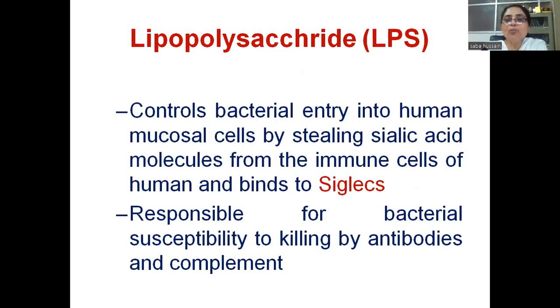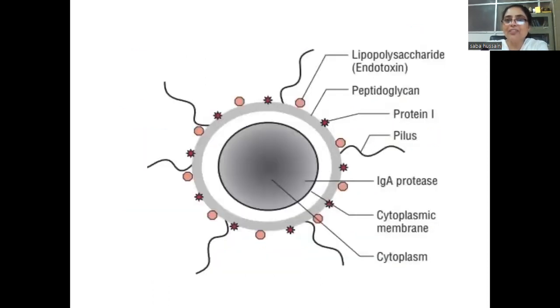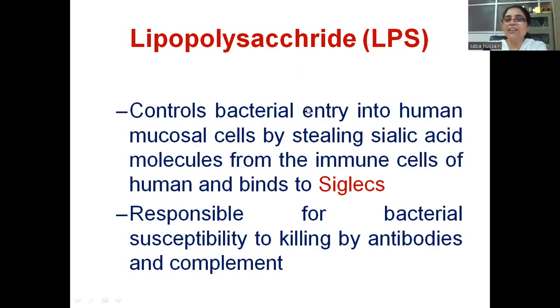So coming to lipopolysaccharide, I have shown you this in the pictorial diagram. You can see that it is present on the outer membrane. So how is it working? It controls the bacterial entry into human mucosal cells. How is it doing this? It is stealing the sialic acid present on the surface of immune cells.